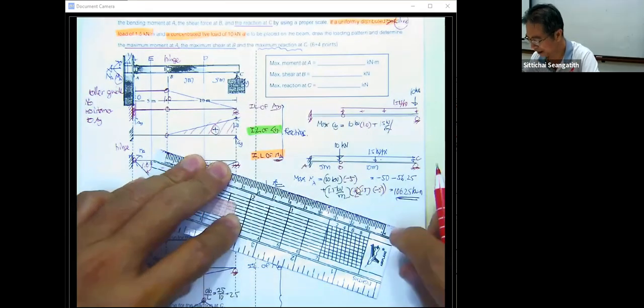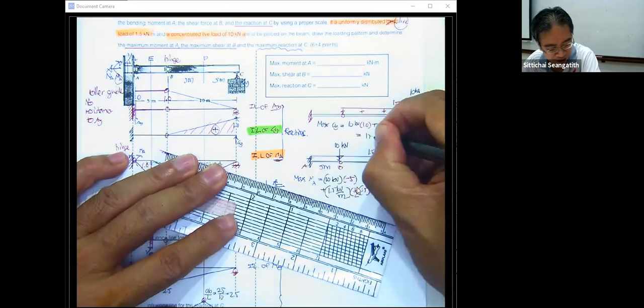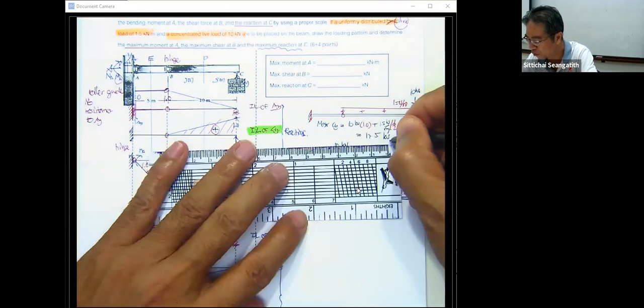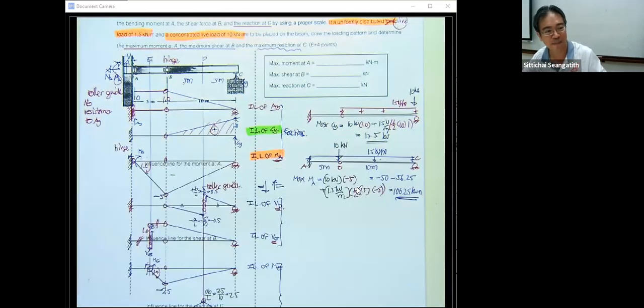The area here is going to be the same as here, 1/2 of 10 and times 1. So the maximum C sub y is going to be 17.5 kilonewton, the same as what we have for the maximum V sub B.